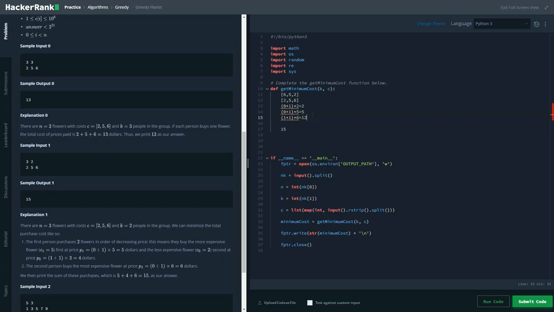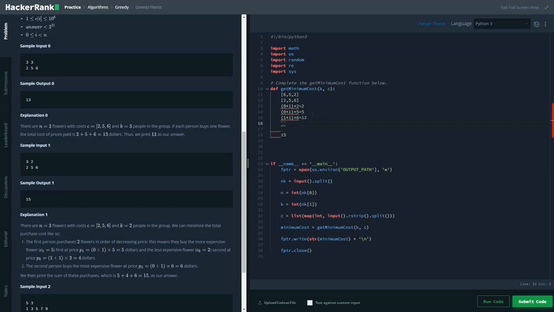So our total price would become 19, which would be a larger amount. So here we could understand that we have to sort our list in descending order.